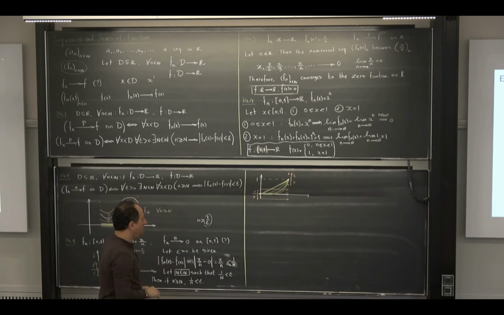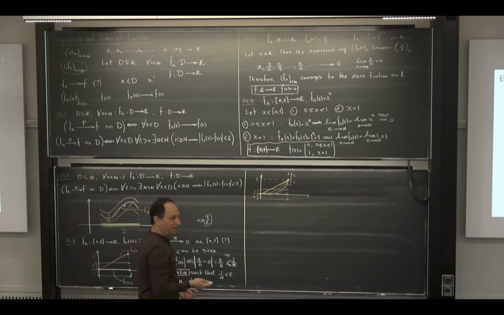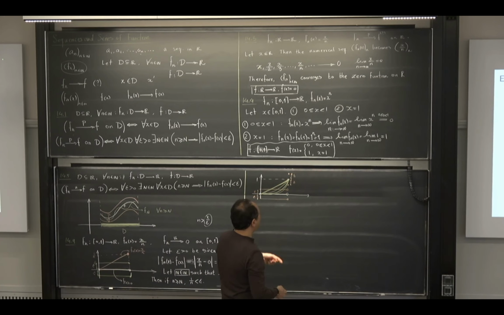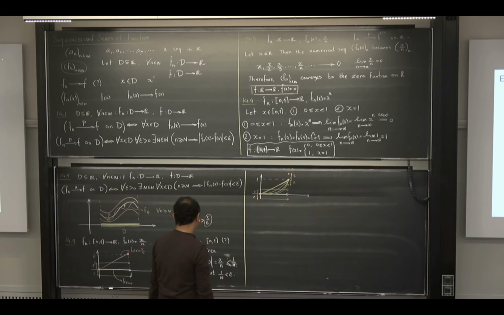But how can we prove it rigorously? Again, we want to say that this is not the case in the epsilon delta proof, so we go with proof by contradiction.